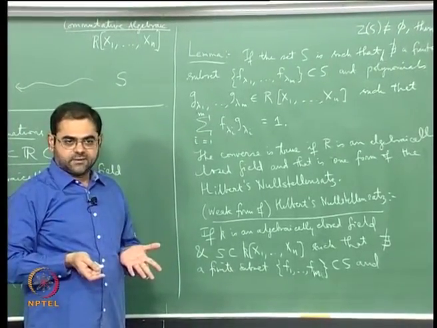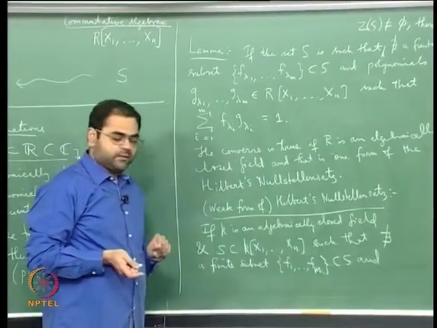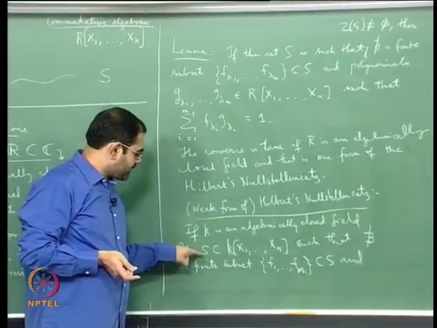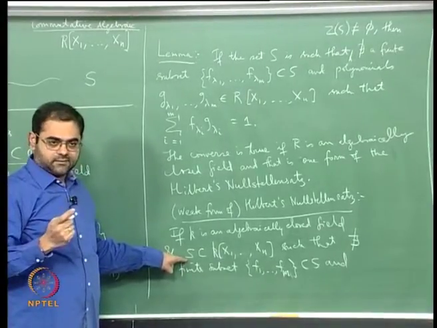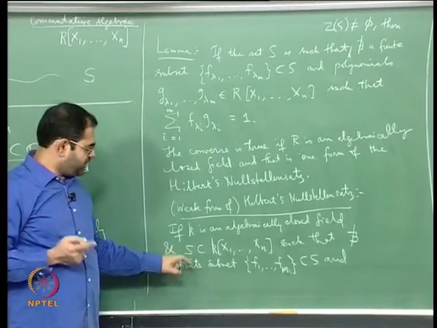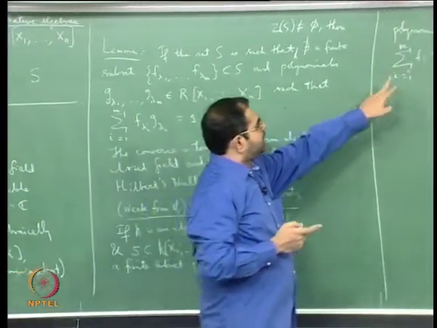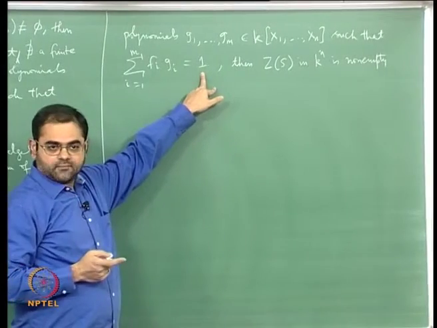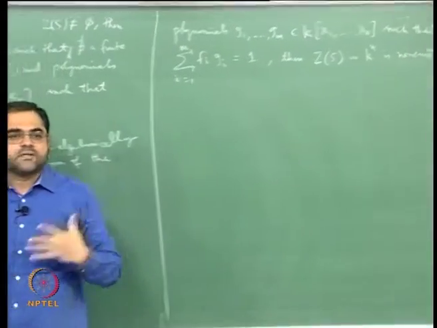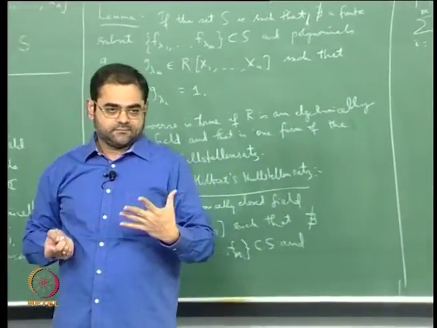This condition becomes that the polynomial multiplied by no other polynomial gives you 1, which is the same as saying that the polynomial is non-constant.